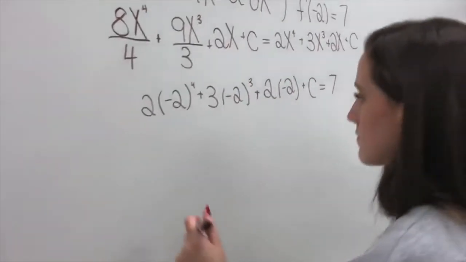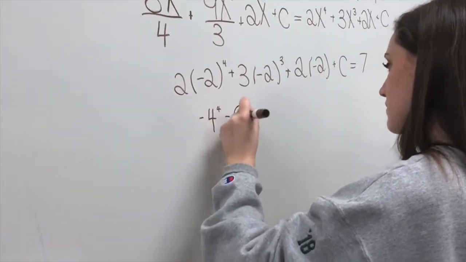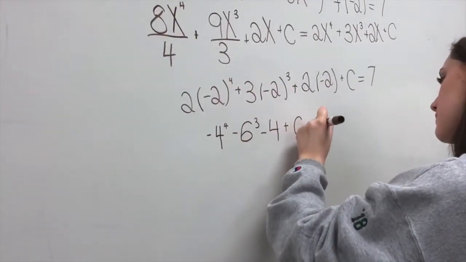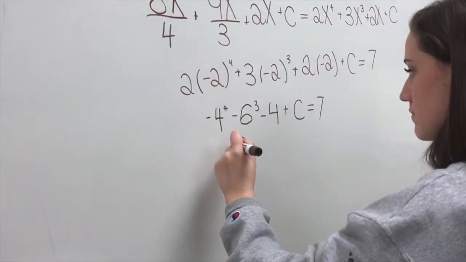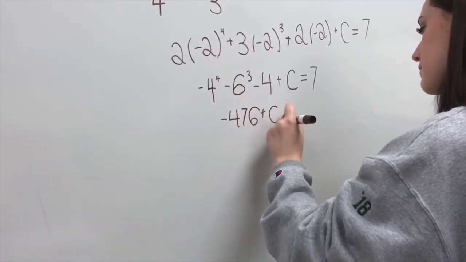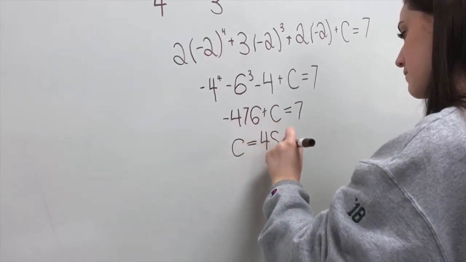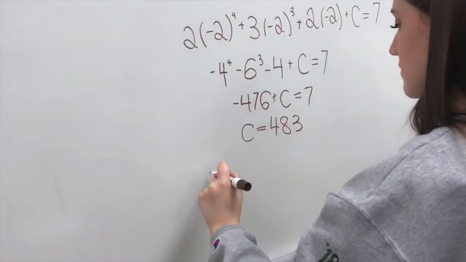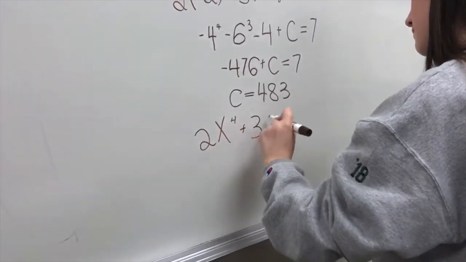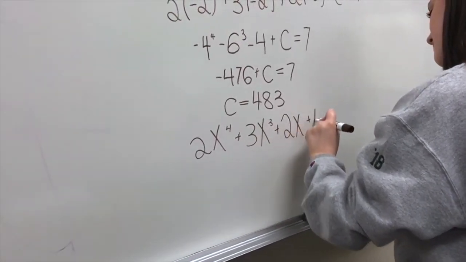So then we get -476 plus c equals 7. Then we get that c equals 483, and we plug that in for c into the antiderivative to give us 2x to the 4th power plus 3x cubed plus 2x plus 483.